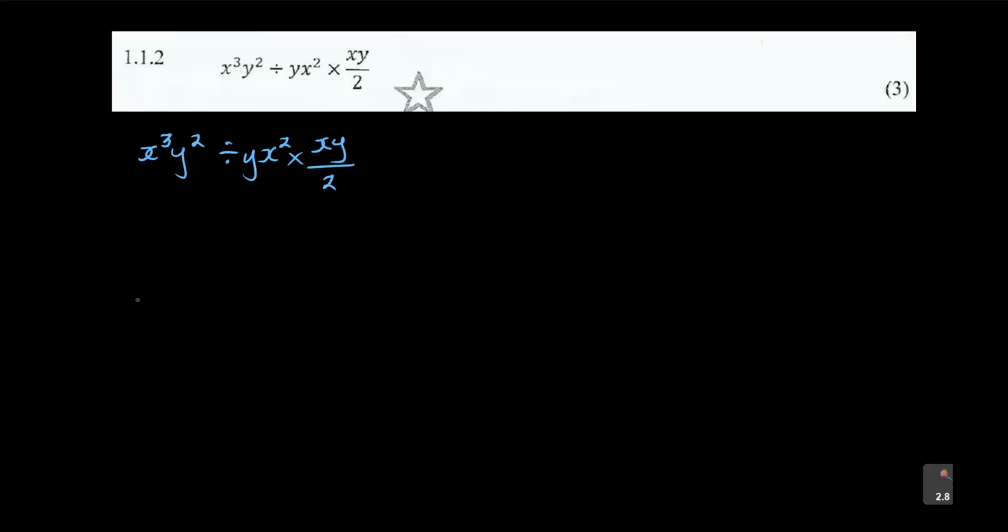What I did was I took x cubed y squared as one thing, and then I said divided by yx squared because it's divided by that, and then I said times xy over 2. See what I did?